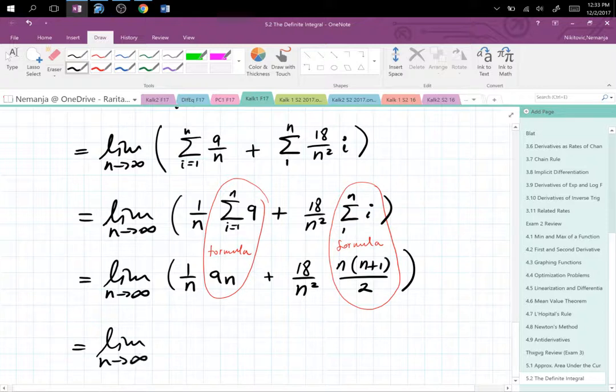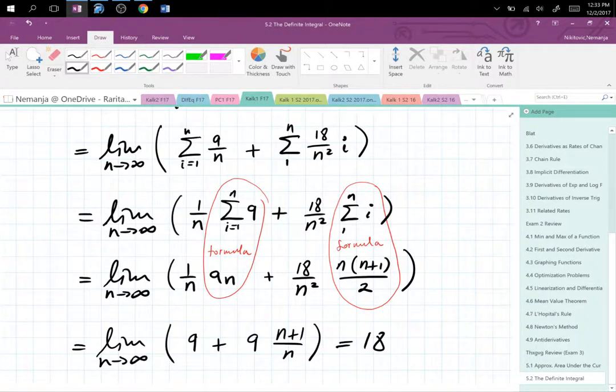Limit as n goes to infinity. n and n cancel. 9 plus 18 and 2 cancel. 9 and one of the n's cancel. You have (n+1) over n. Because the limit of n over n is 1, 1 times 9 is 9, so 9 plus 9 is 18. So it seems that the area under the curve is 18.